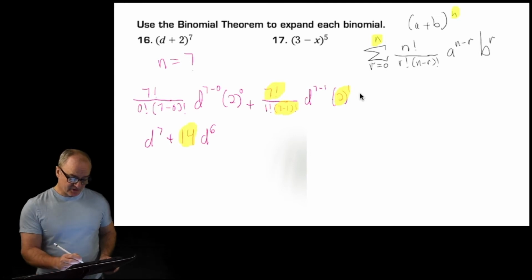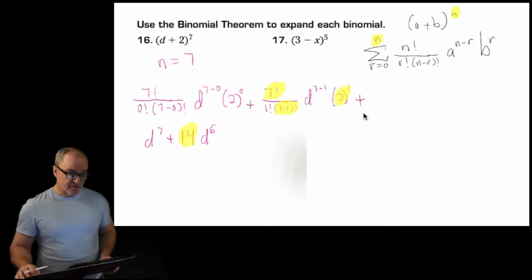Now for my next term, what I would do is, now I'm on the third term, so r is actually 2. Here's the 0 term, here's the first term, the second term, and the third term. For the first term, we started counting at 0. So the second term, r is 1. The third term, r is 2.